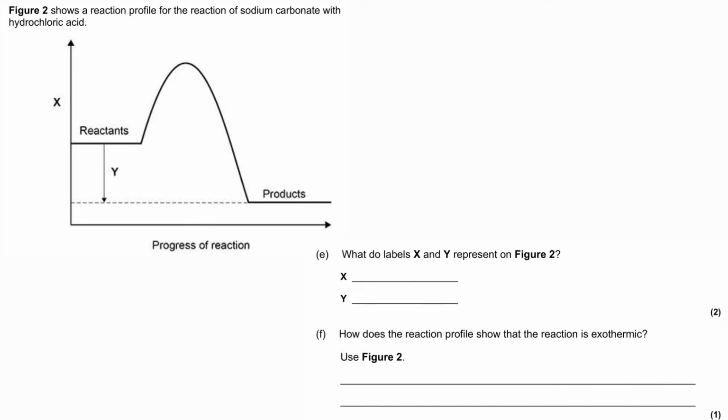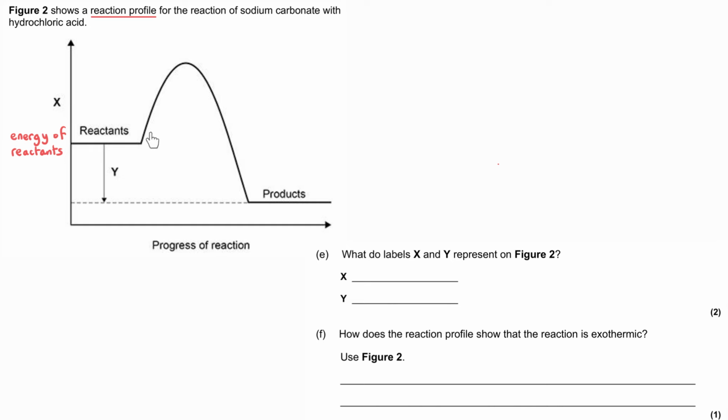Figure 2 shows a reaction profile for the reaction of sodium carbonate with hydrochloric acid. And we can see we've got a typical reaction profile here, but they have missed some things out. They've not labelled the y-axis value. They're calling that X. We've got the starting energy of the reactants here, whatever that number might be. They don't ever show numbers on profiles like this, really.